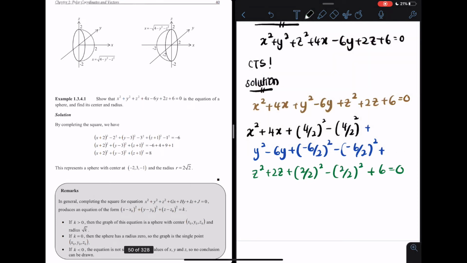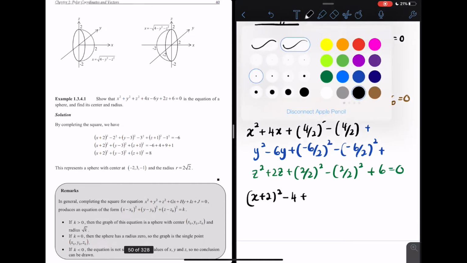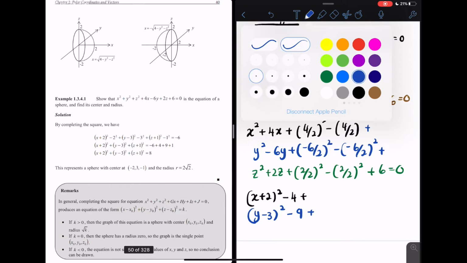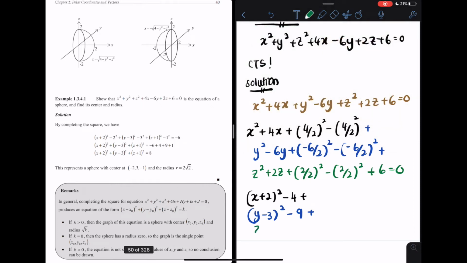By using the completing the square technique, I will get (x plus 2) squared minus 4 plus (y minus 3) squared minus 9 plus (z plus 1) squared minus 1 plus 6 equal to 0.